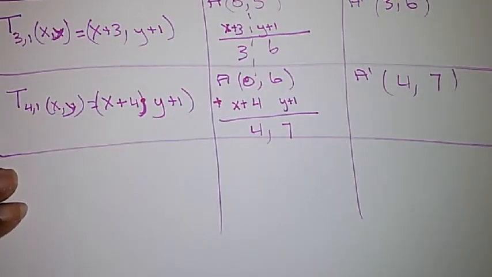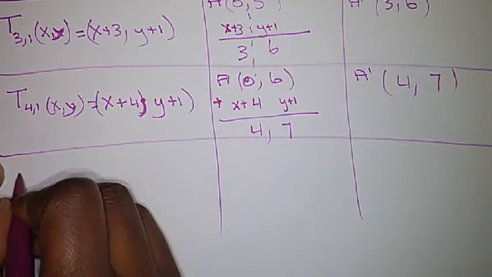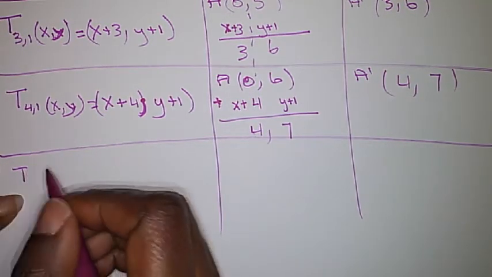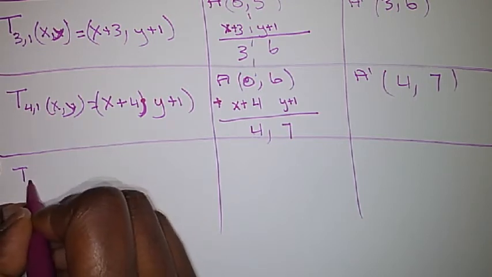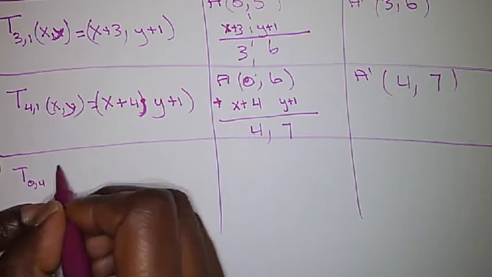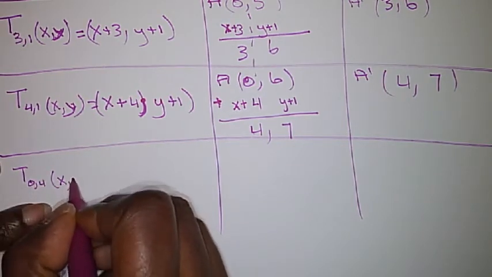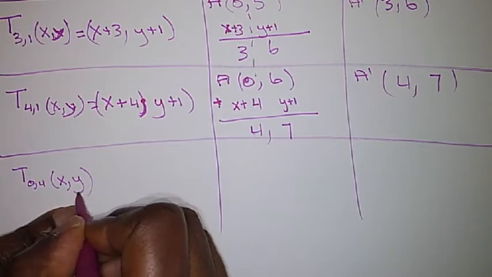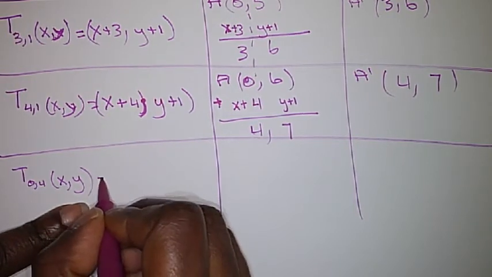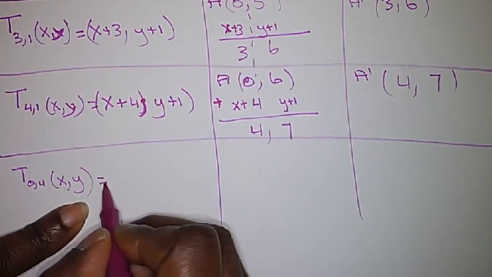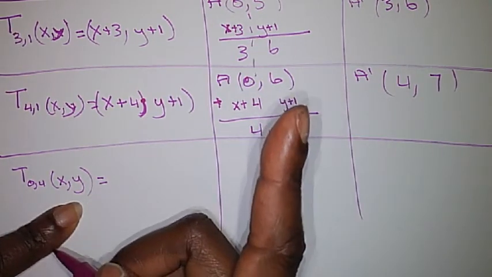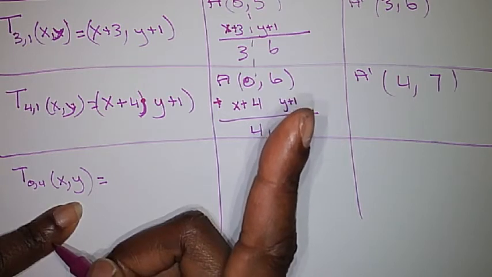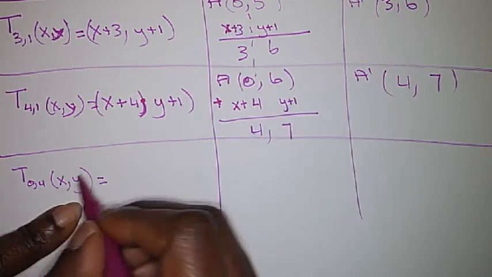All right, let's try another one. I'm not going to write any number here yet. Actually, let me write 0 and 4. And that's how I'm going to shift my X and my Y coordinate. And remember, I can use an arrow here instead of equal. I'm using equal because the transformation rules sheet has equal.